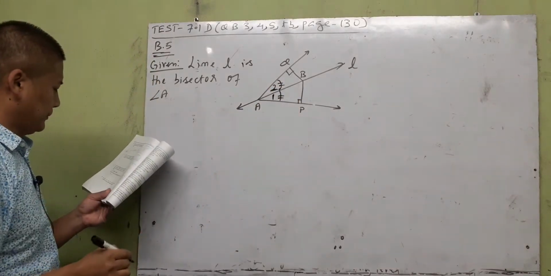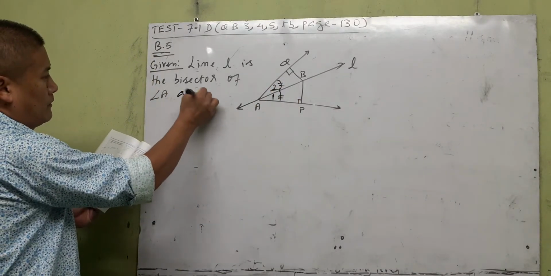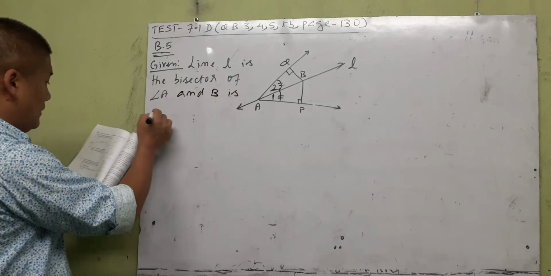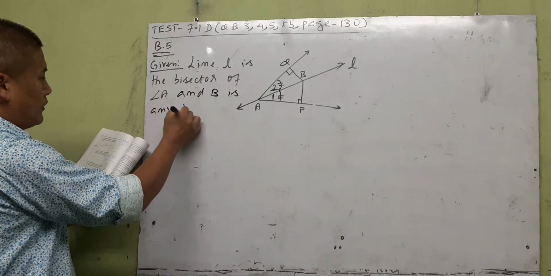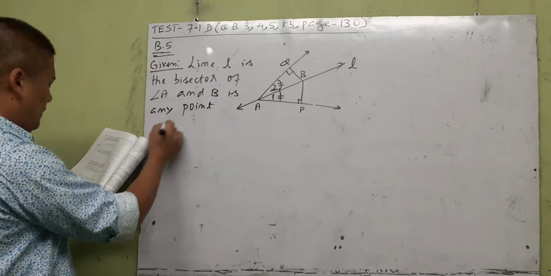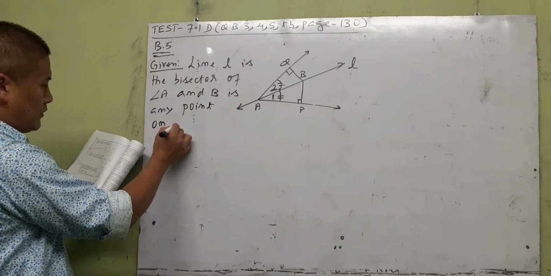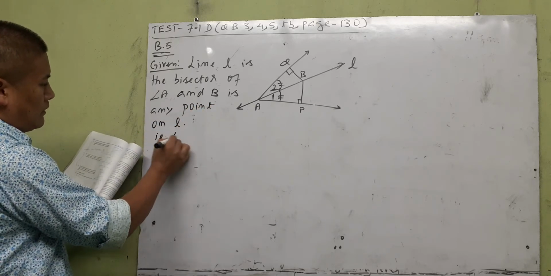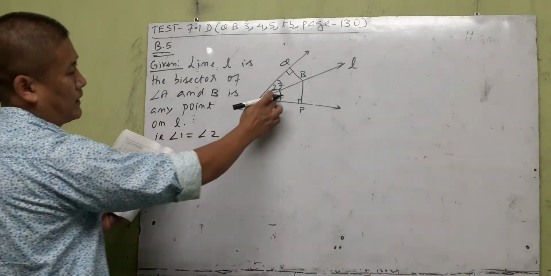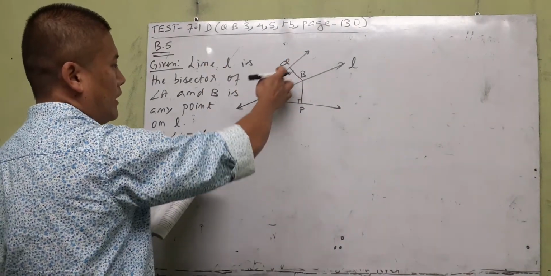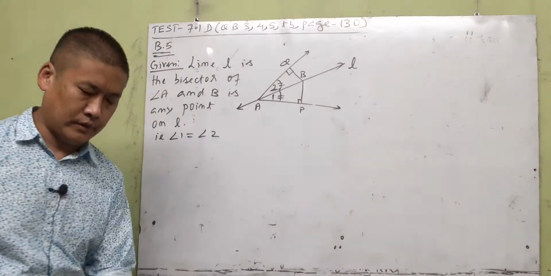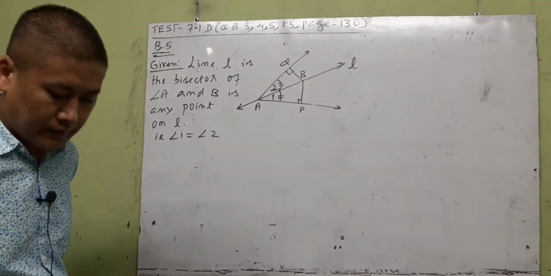And B is any point on, means not outside but situated on, the line L. In other words, angle 1 equal to angle 2. L is bisecting angle A, means angle 1 equal to angle 2. Bisect means divide into 2 equal angles.